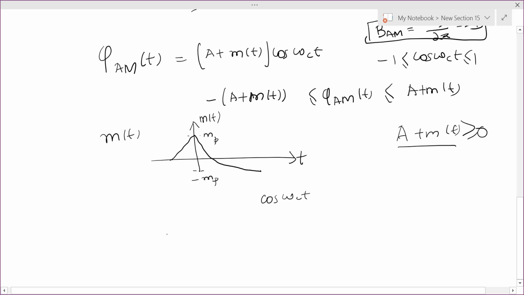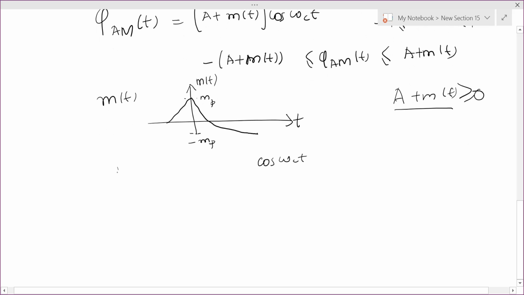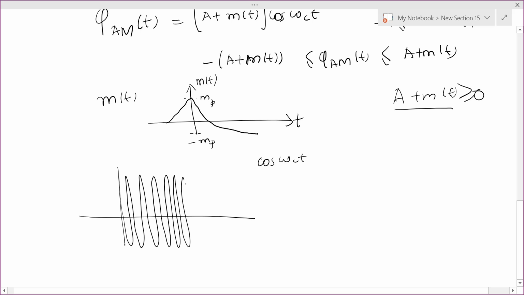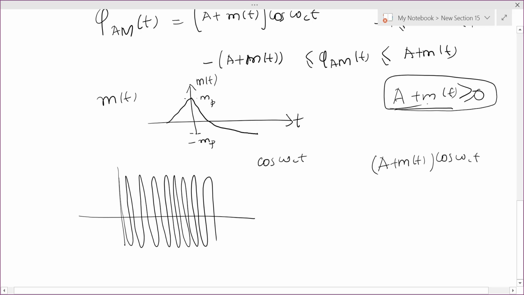Okay, so you know how to plot cosine. Simple. High frequency cosine signal. But now you have A plus m of t times cos omega ct. Okay, and I'm assuming that A plus m of t is always positive.